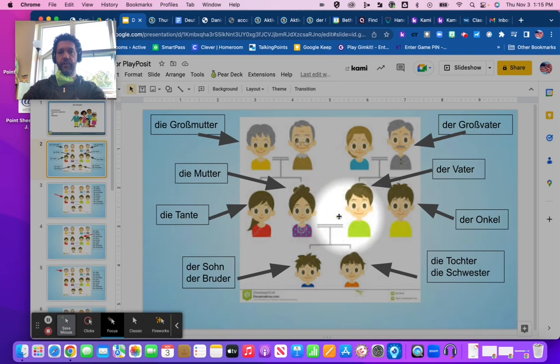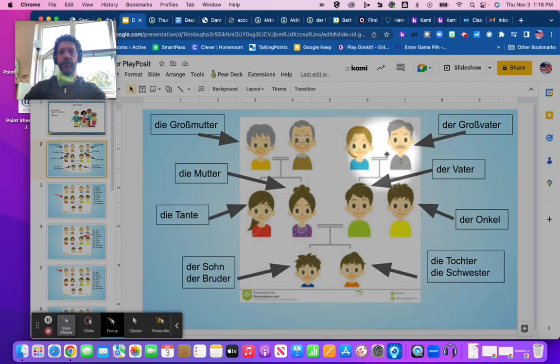Then we have the parents' children, or Kinder, as in the same word from kindergarten. And we have two words we can call each of the children. Der Sohn is son, and his relationship to his sister is der Bruder, or brother. And the daughter's relationship to her parents is die Tochter, or daughter, and her relationship to her brother would be die Schwester, or sister.